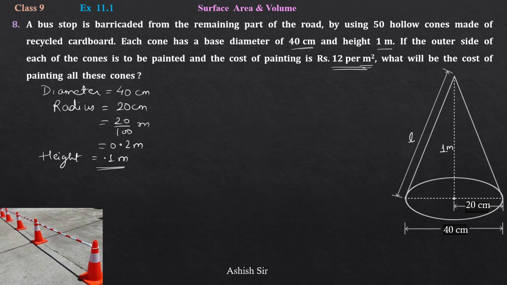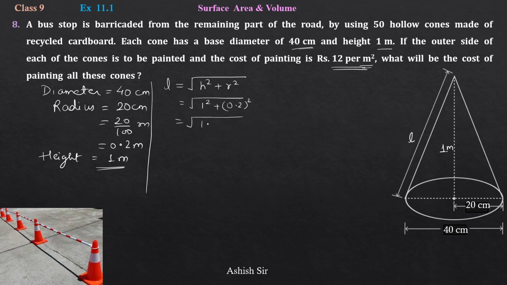Now we know that to find the cost of painting, we need to find the CSA of the cone. To find the CSA of the cone, we need the slant height, which is not given. So the formula for l is the square root of h square plus r square. Here h is 1 and radius is 0.2.